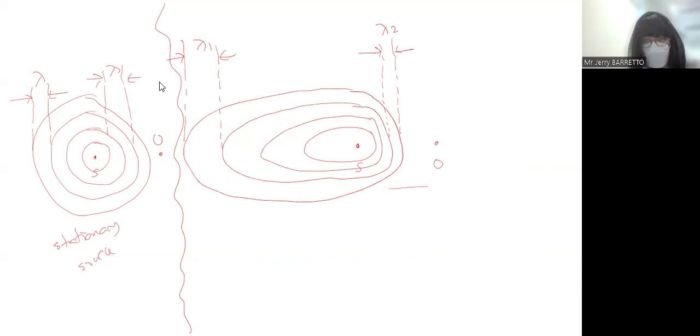So we're moving towards the observer. The observer will observe lambda to be shorter if the source is moving towards that observer. Moving away from the observer, the lambda appears to be longer. Shorter if the source is moving towards the observer.